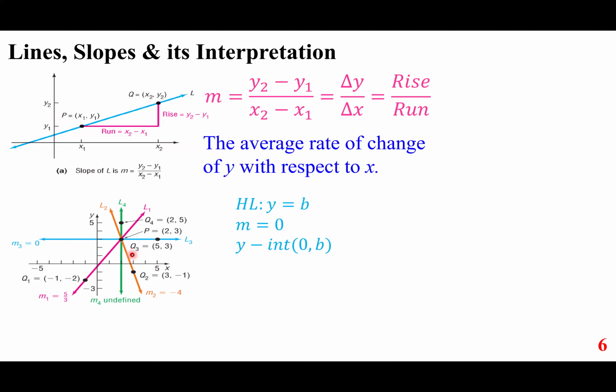So as you can see, this one, this point has coordinates 5, 3. So that means this line has the equation y equals 3. And this point 0, 3.